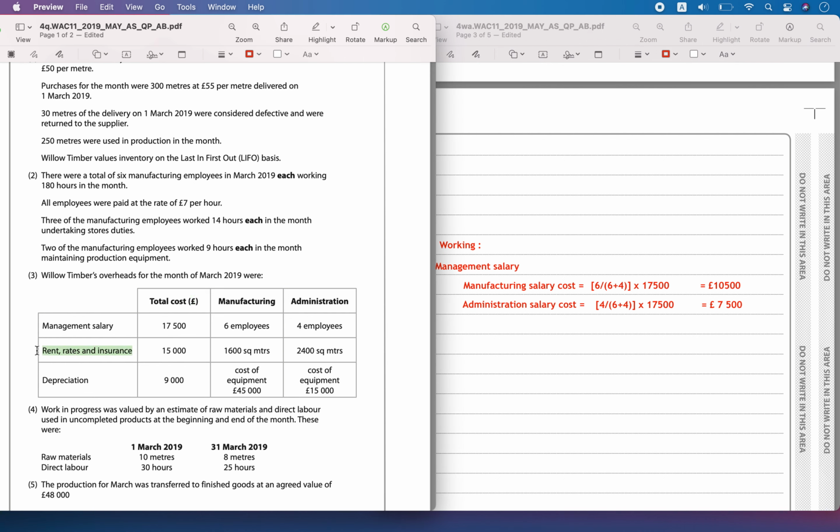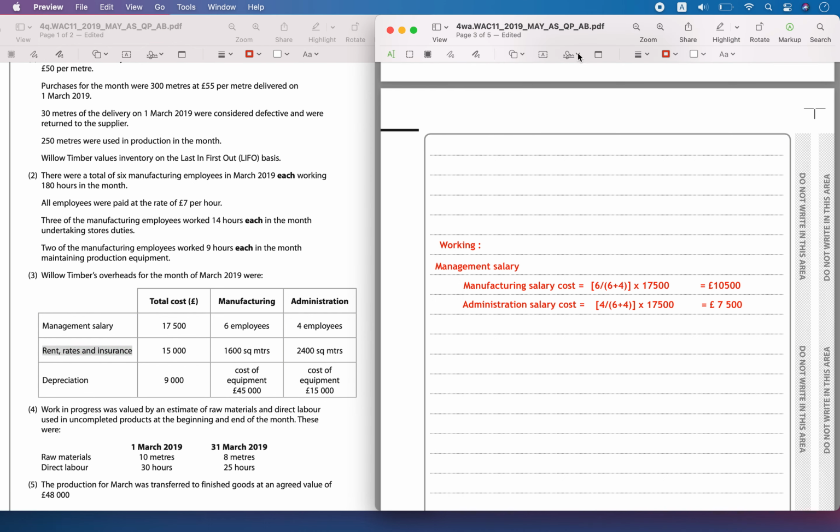Now let's calculate the rent, rates and insurance shared by manufacturing and administration.